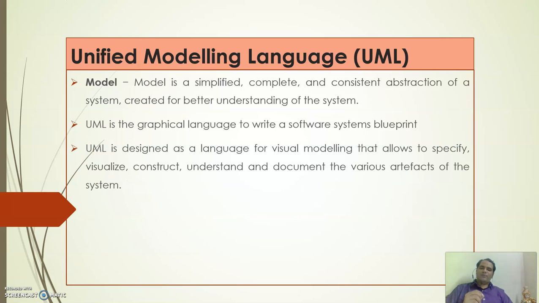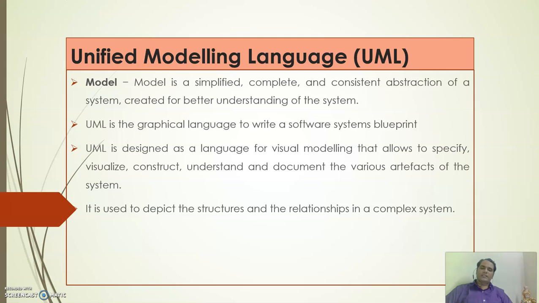It is designed as a language for visual modeling that allows us to specify, visualize, construct, understand and document the various artifacts of the system. There may be many artifacts, and all those components we should be able to specify, visualize, construct and understand. Please remember these activities when you go through the course. It is used to depict the structures and relationships in a complex system. A system may have subsystems, and we will see how each subsystem is related to the others, how one object is related to another, classes, and relationships.